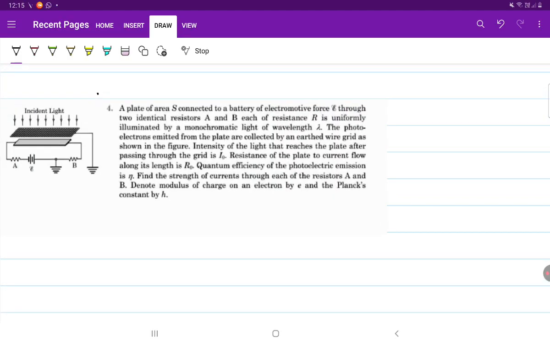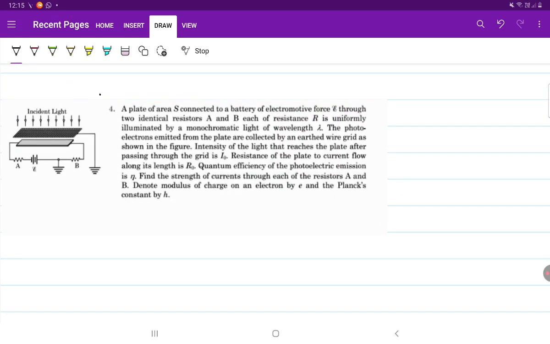Well, here's the question. The question says a plate of area S is connected to a battery of EMF E through two identical resistors A and B of resistance R, and is uniformly illuminated by monochromatic light of wavelength lambda. The photoelectrons emitted from the plate are collected by the earth via grid as shown in the figure.